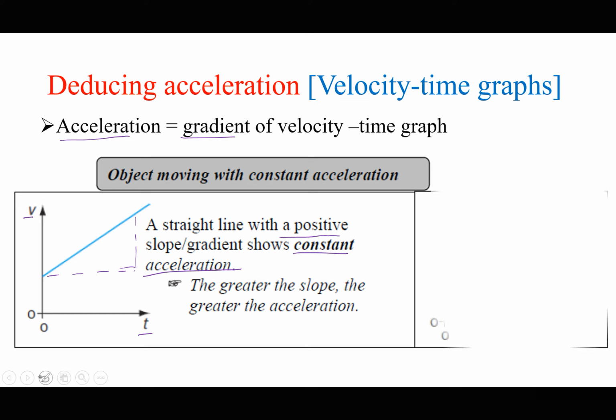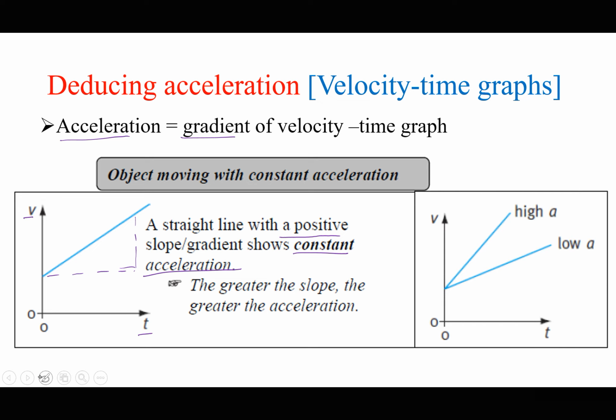For example, let me illustrate this with two graphs, graph A and graph B. A line which is closer to the x-axis is less steep. A line which is closer to the y-axis, or which tends towards the y-axis, is steeper.